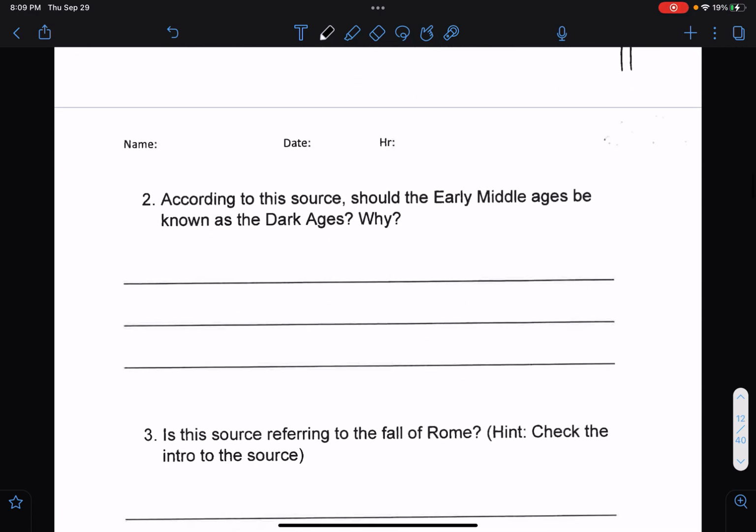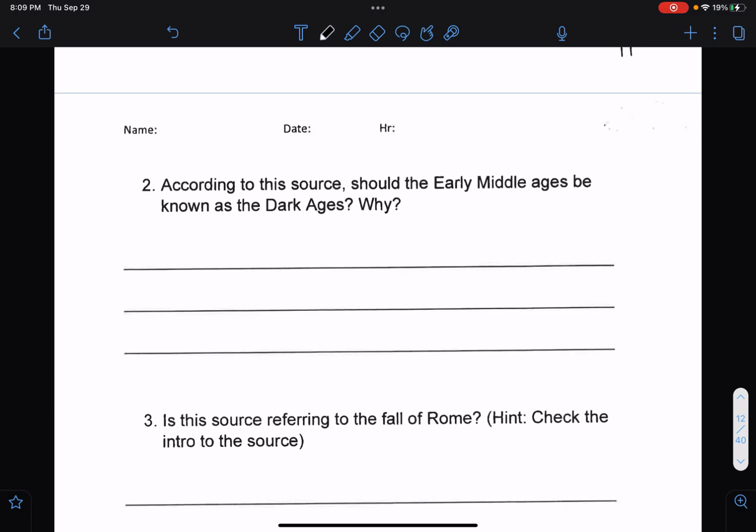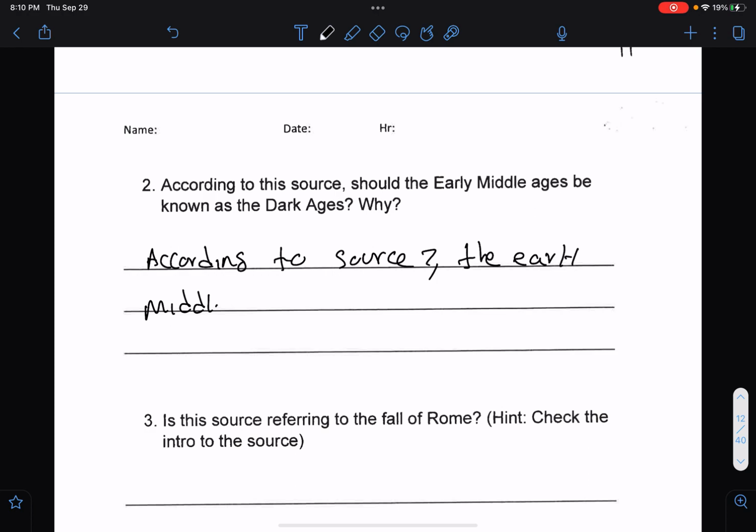The next one: according to the source, should the early Middle Ages be known as the Dark Ages? Obviously, right? According to source 2, the early Middle Ages should be known as the Dark Ages.